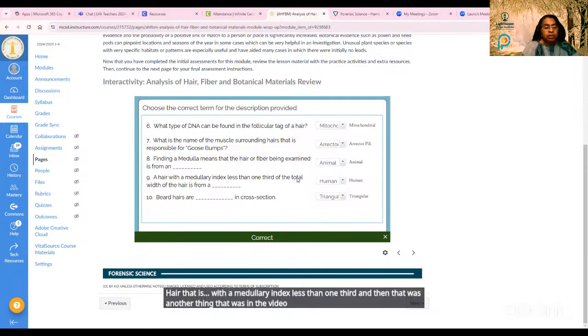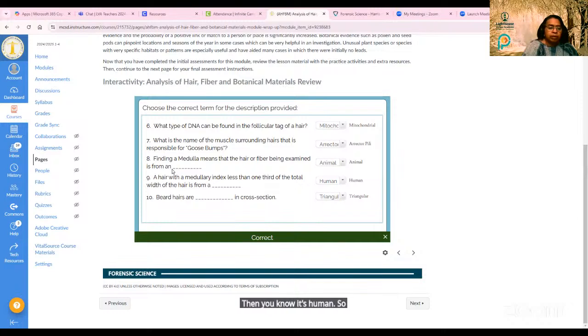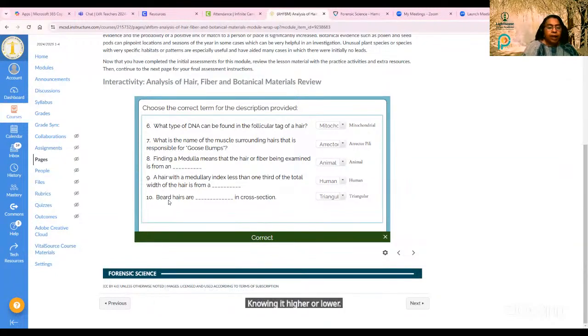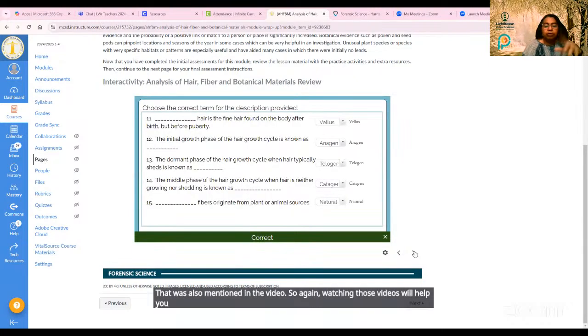Make sure you understand the medullary index, so that's another vocabulary word that you need to make sure you're aware of, knowing if it's higher or lower. Beard hairs are triangular in cross section. That was also mentioned in the video. So again, watching those videos will help you go through this if you're not reading everything.